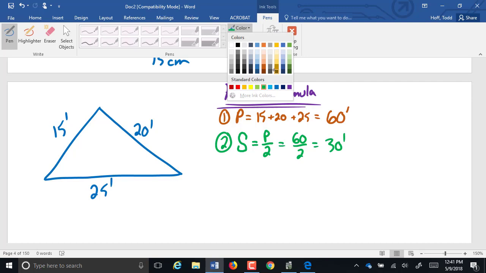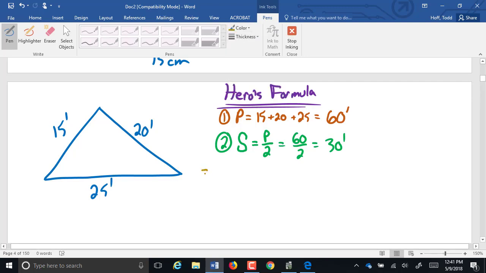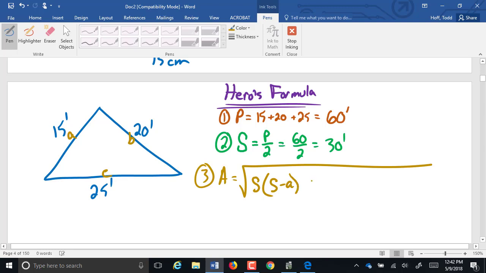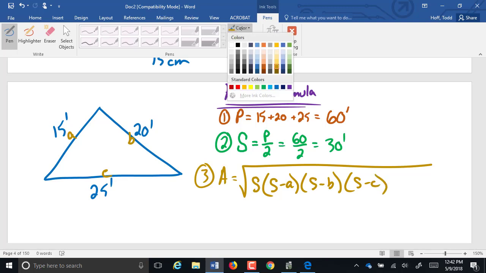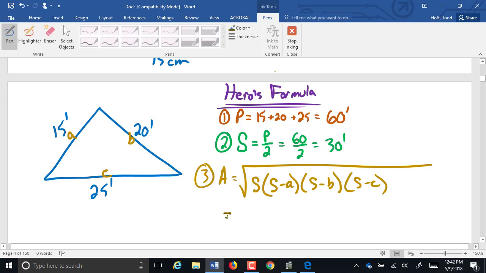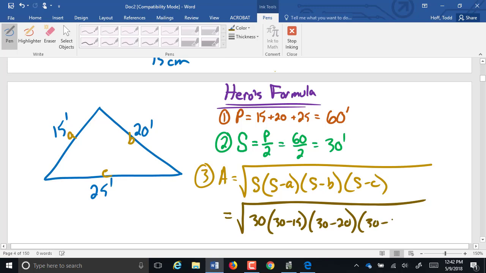Then here comes the fun part, the formula. If we let the sides be sides A, B, and C, the area is the square root of S times S minus A times S minus B times S minus C. So that's going to be the square root of 30 times 30 minus 15 times 30 minus 20 times 30 minus 25.